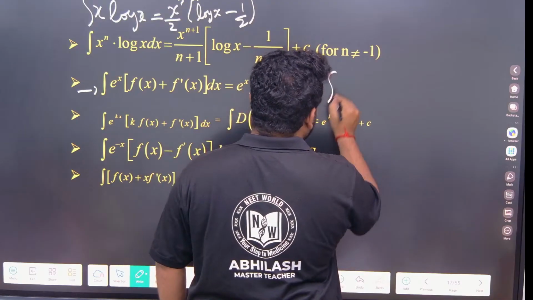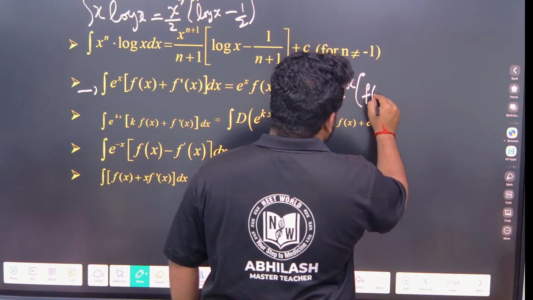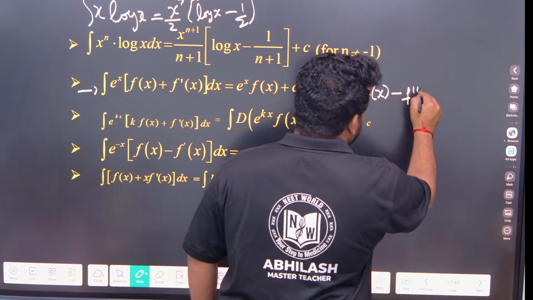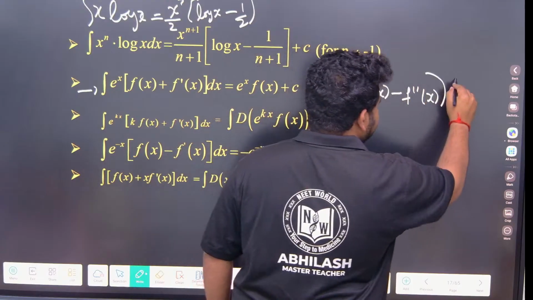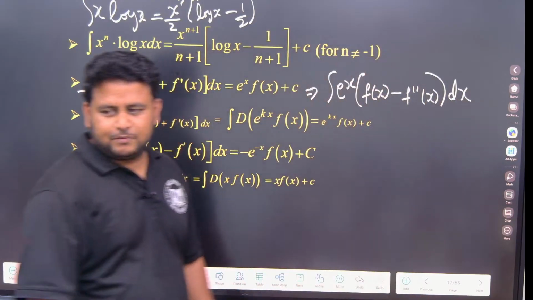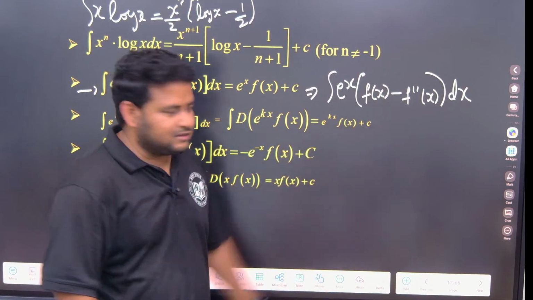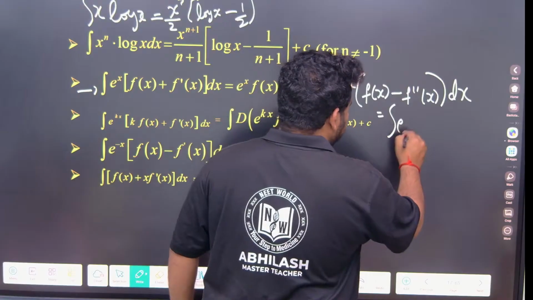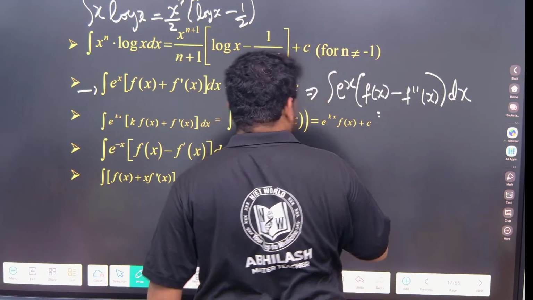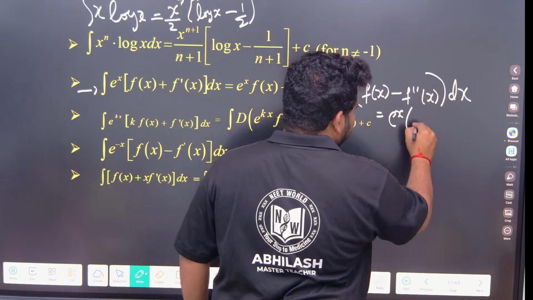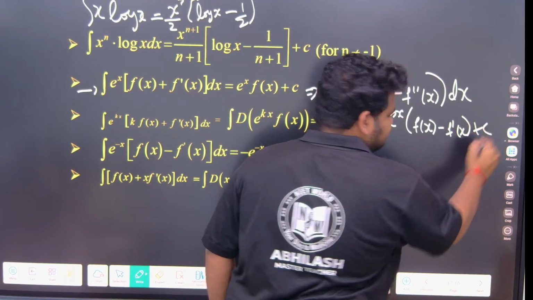Okay, if you are having the integral of e power x into f of x minus f double dash of x dx, the answer is e power x times f of x minus f dash of x plus c.